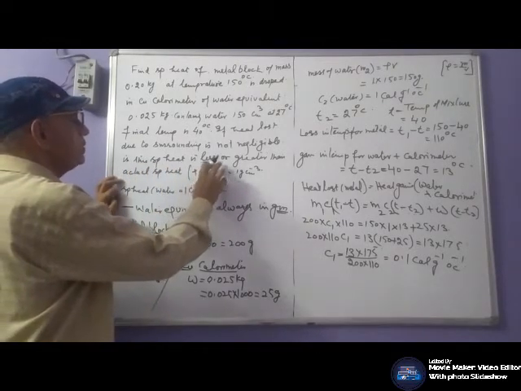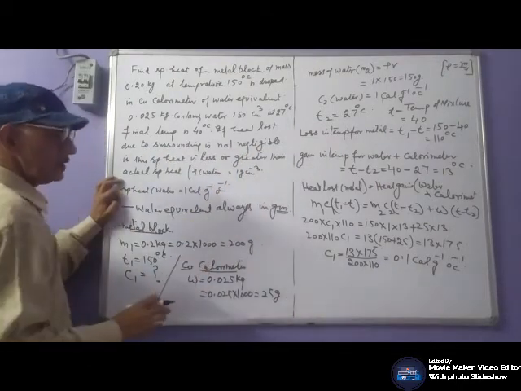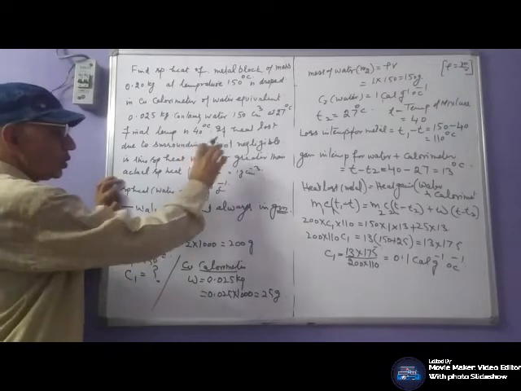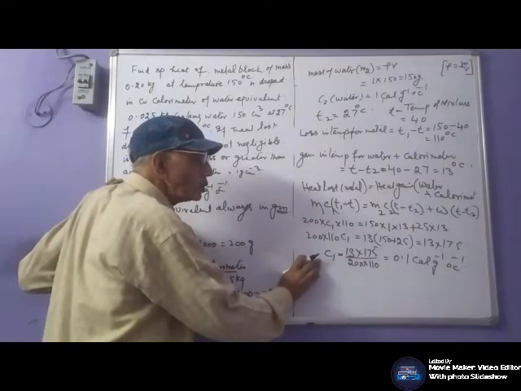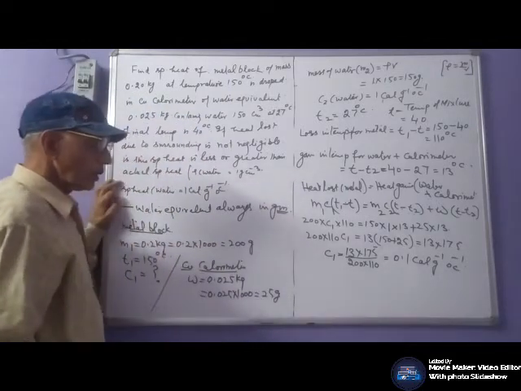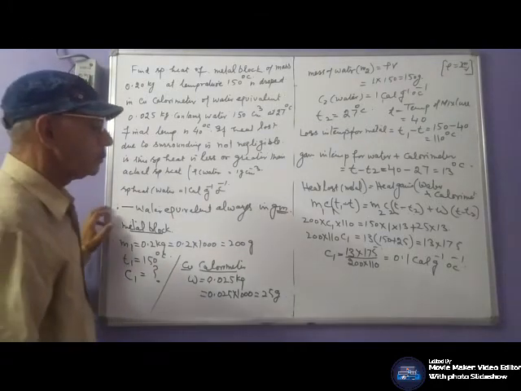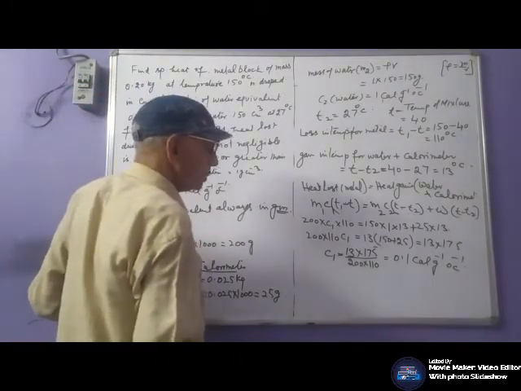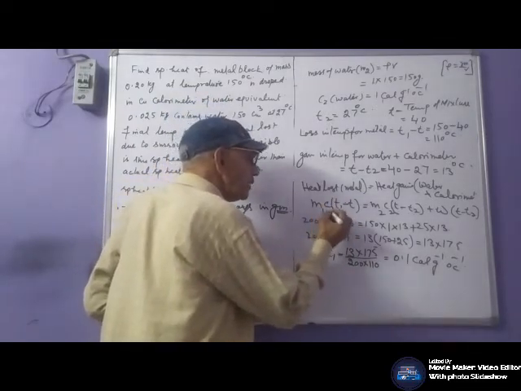Is this specific heat valid if heat loss to the surroundings is not negligible? This is the specific heat when there is no loss of heat to the surroundings. If there is also loss of heat to the surroundings, then that heat will be added here.